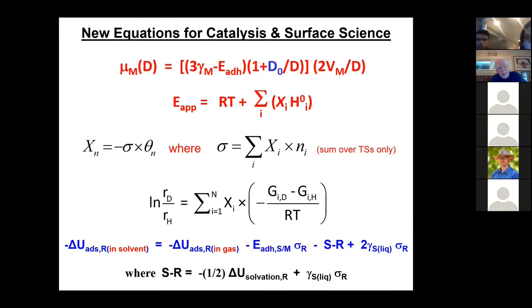But that sort of neglects the fact that there are strong repulsive interactions between the organic molecules oftentimes on a surface because they have a dipole moment that points in the same way.